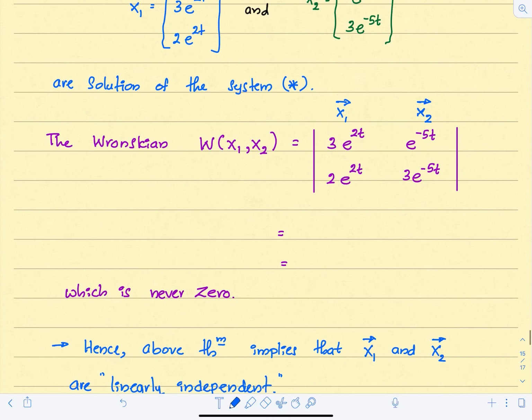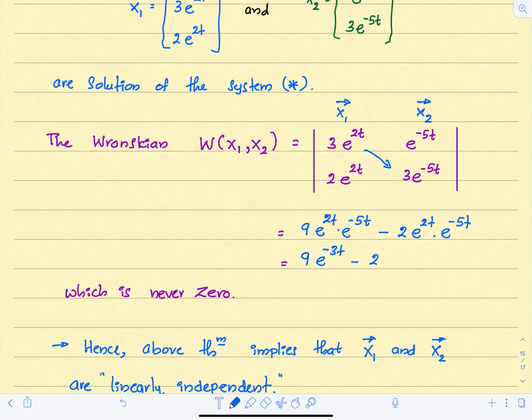The determinant equals this product, which is 9 times e to the 2t times e to the negative 5t minus 2 times e to the 2t times e to the negative 5t. e to the 2t times e to the negative 5t equals e to the negative 3t. You have the same base, therefore we add the exponents.